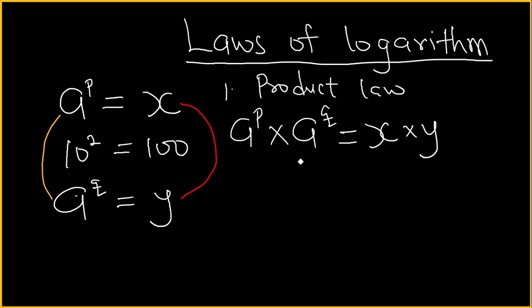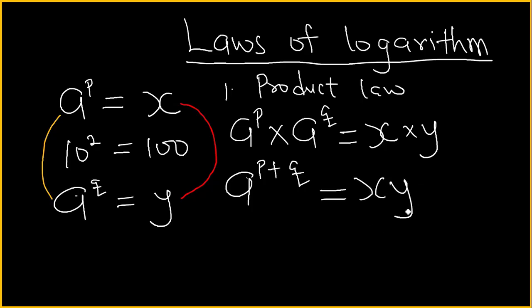So from the product law, it states if the bases are the same, one of the bases is taken and the powers are summed up. a^(p+q) equals xy.